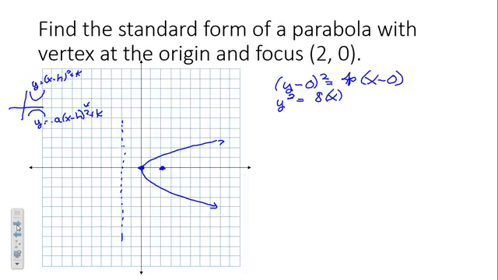Okay, where did I get the, which one? The 8? The 8 is part of my p. Okay, p tells me how many units the focus is away from the vertex. Okay, so p units between vertex and focus, and p units between the vertex and the directrix.